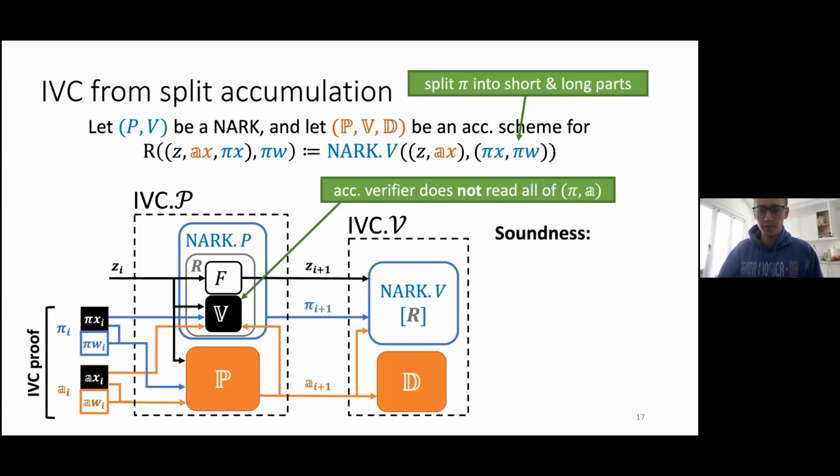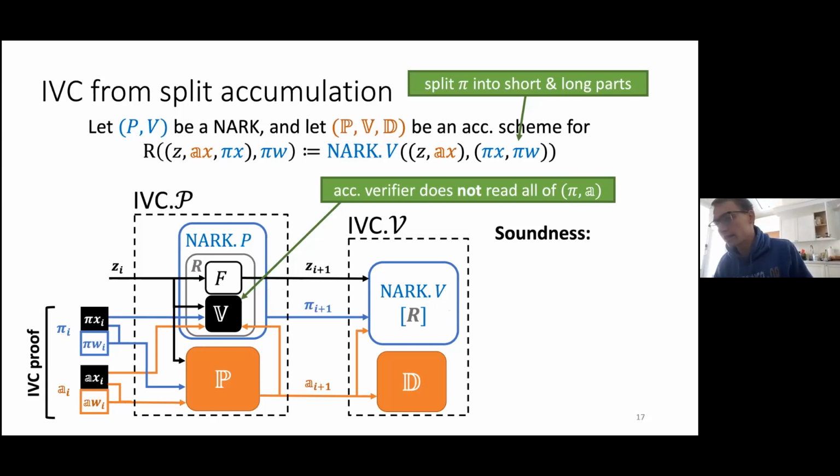So what do we need in order to prove soundness of this construction? Well, in order to prove soundness, we require that the NARC itself is extractable, right? Because in the end, you have only this one NARC verifier, which verifies the final proof. And what we want to do from this is extract all of the previous proofs that were constructed. Additionally, this is a new property that we didn't have before, we need our accumulation scheme to be extractable as well.